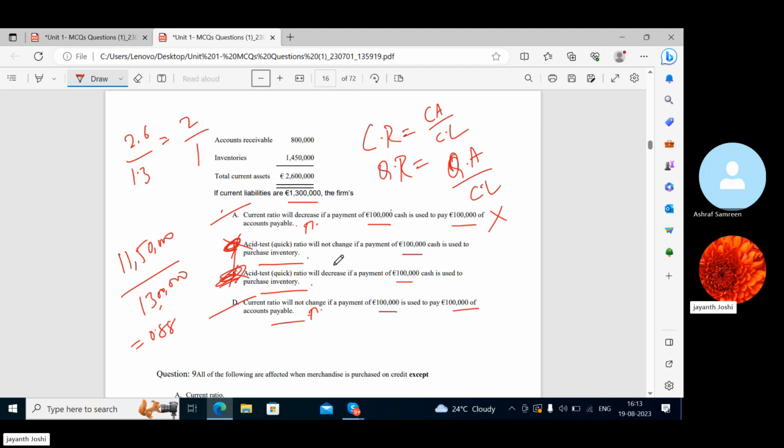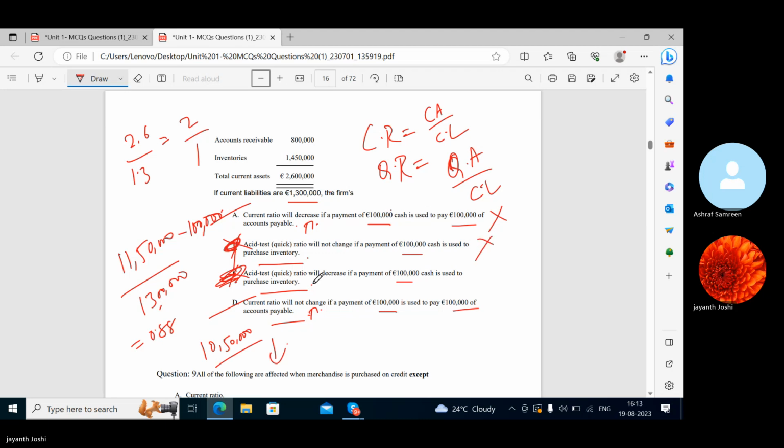If I pay some cash out of this, that is 1 lakh, it is going to become 10,50,000 and my numerator is decreasing. So my ratio will further decrease. This is also wrong option.